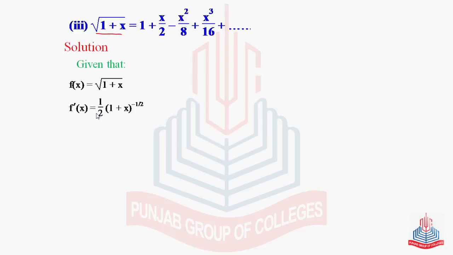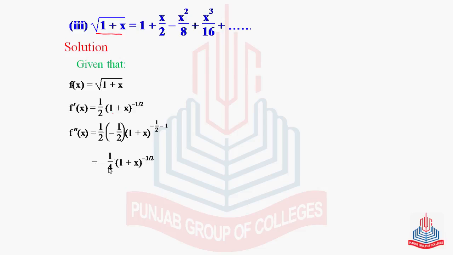of x, first derivative, as we already discussed in our previous exercises, that the derivative of the square root function is just 1 over 2 (1 plus x) raised to the power minus 1 by 2, and then the derivative of 1 plus x, which will become 1. No need to write f double dash x, or second derivative, applying the power theorem here, 1 by 2, this minus 1 by 2, (1 plus x) raised to the power minus 1 by 2 minus 1.